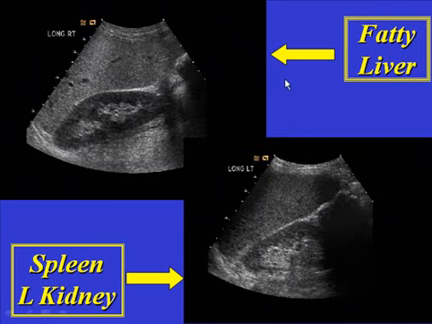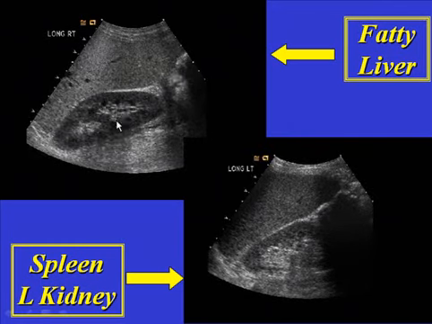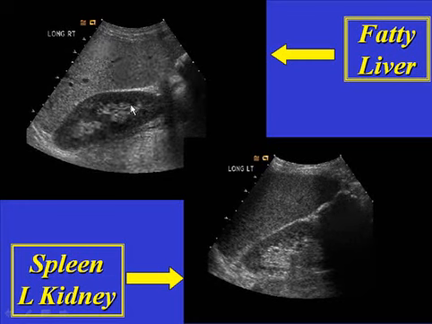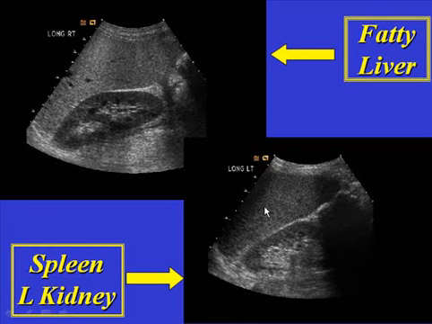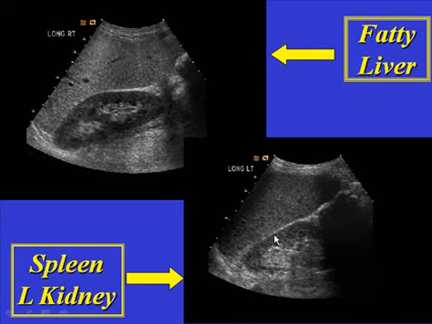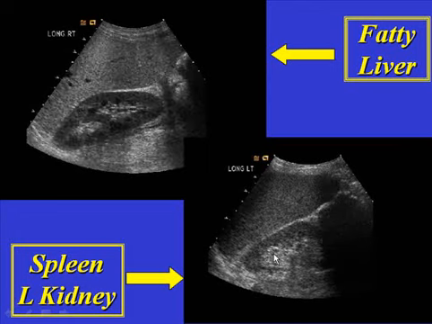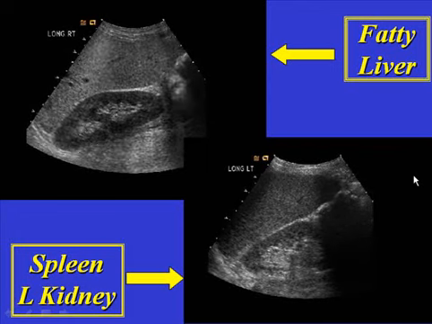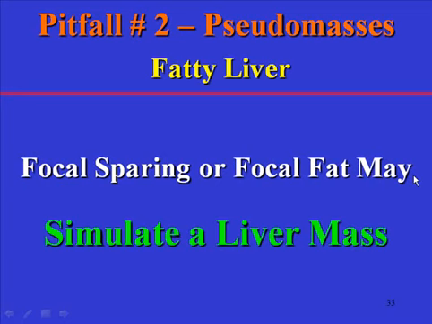And here's one such example. On the right, we see that there is a fairly pronounced difference in echogenicity between the liver and the right kidney. On the left, however, the spleen is not nearly so different from the renal cortical echogenicity. So this is diagnostic of fatty liver and is an aid to making the diagnosis in more subtle cases.